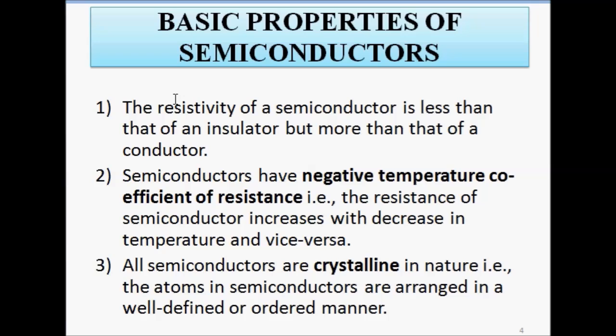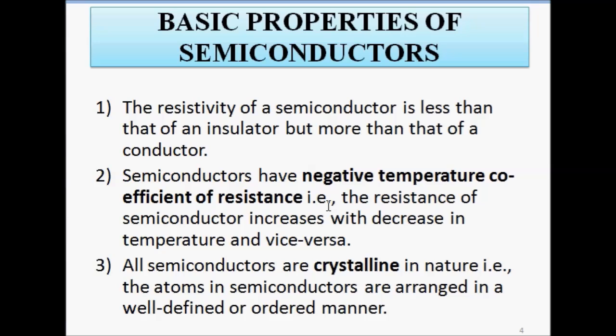Now, as I mentioned in the earlier introductory part, the resistivity of a semiconductor is less than that of an insulator but more than that of a conductor. Another interesting property about semiconductors is that they have a negative temperature coefficient of resistance, which means that their resistance is inversely proportional to the surrounding temperature.